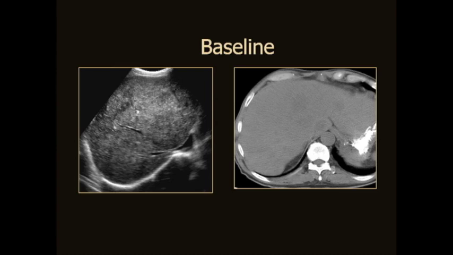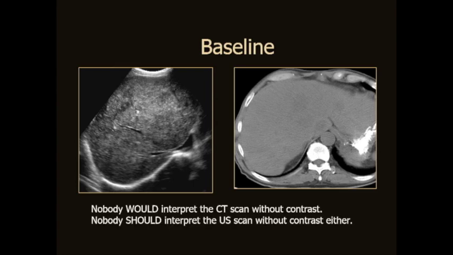When you look at these two baseline images, they're both quite horrid actually, but you can see that the ability of ultrasound to resolve lesions is obviously far superior to CT scan, which depends on contrast to increase conspicuity in the liver. And I'd like to suggest to you that nobody would interpret that CT scan without contrast. And certainly, I would like to suggest to you also that nobody should interpret that ultrasound scan without contrast either.